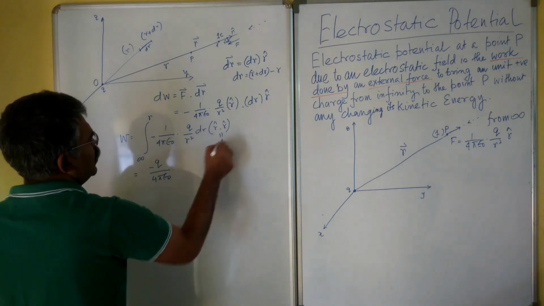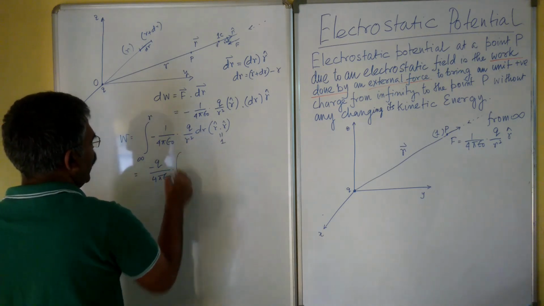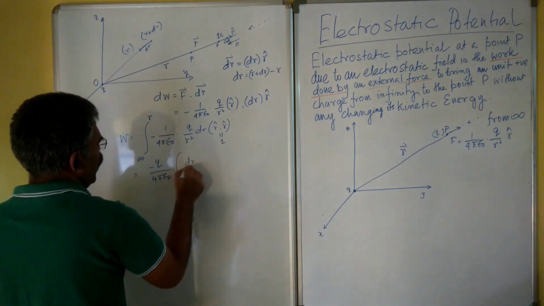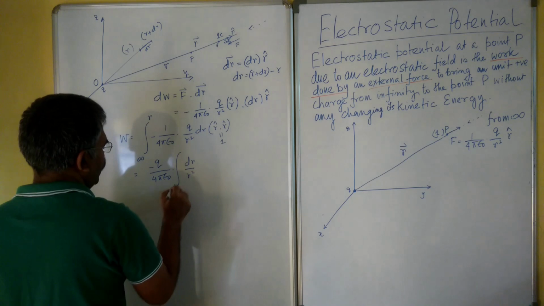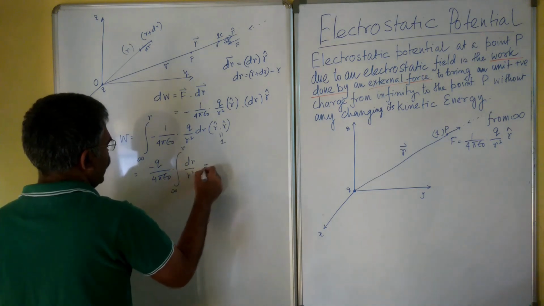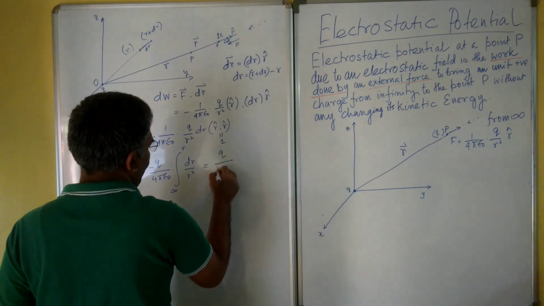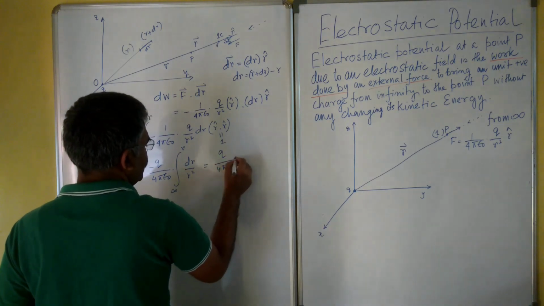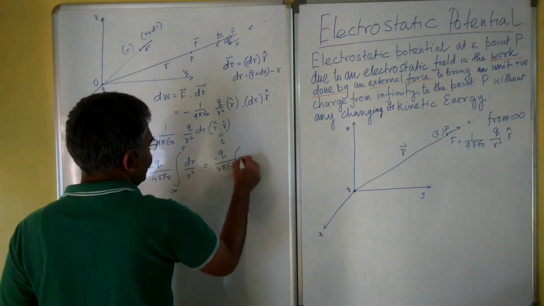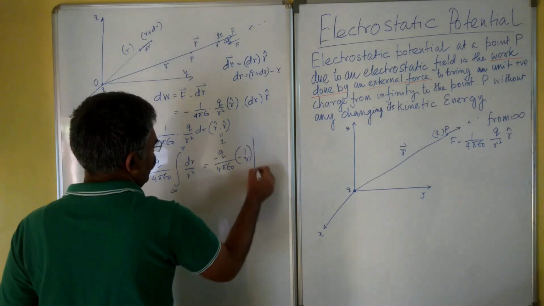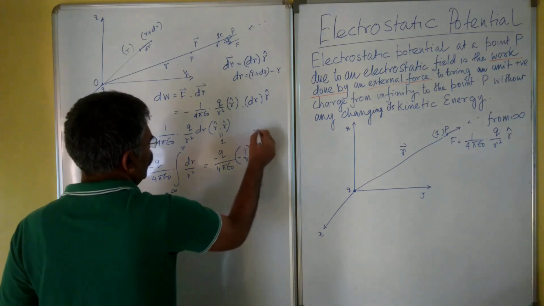Now integrate dr by r square from infinity to r, which gives minus 1 by r. So q by 4 pi epsilon 0 times minus, minus 1 by r from infinity to r.